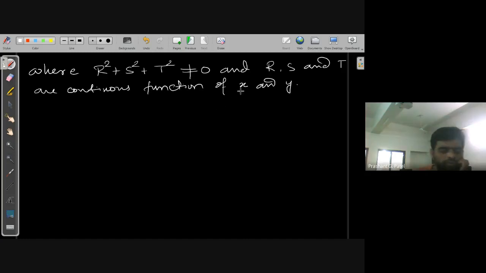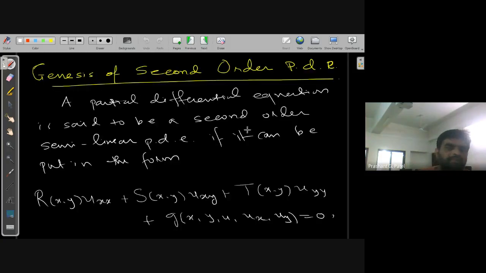So this equation that we have written here, I call it equation number 1. This is known as a semi-linear second order P.D.E.